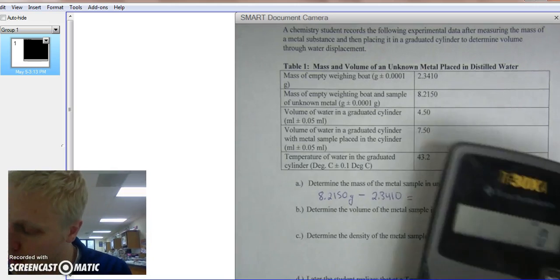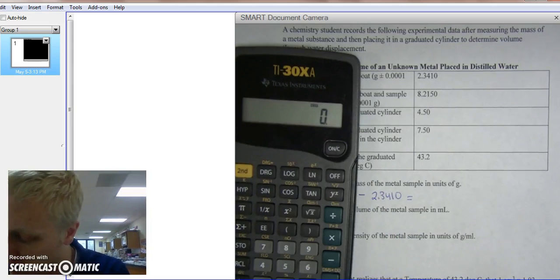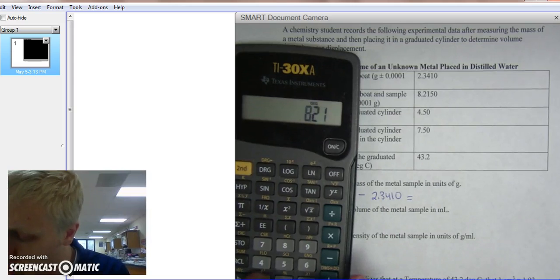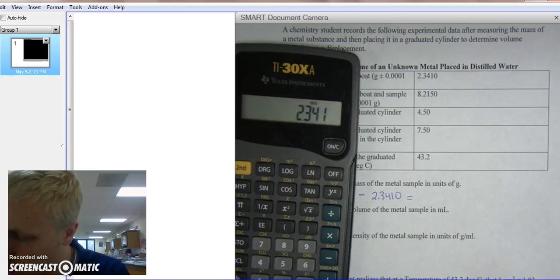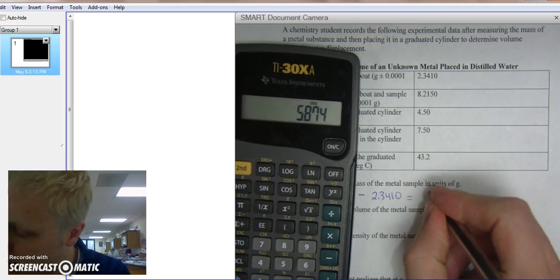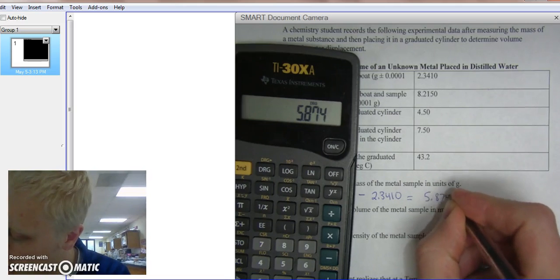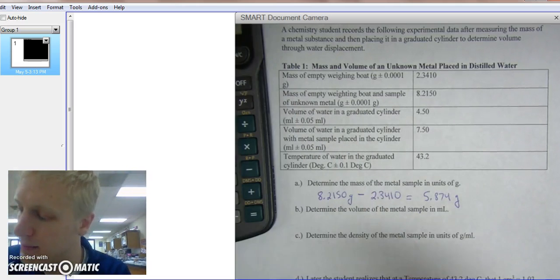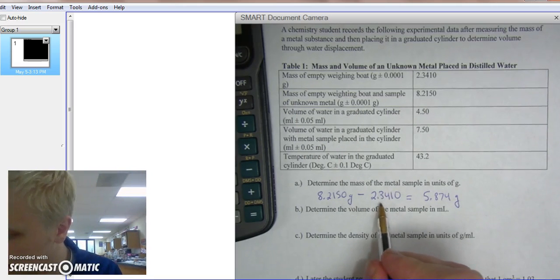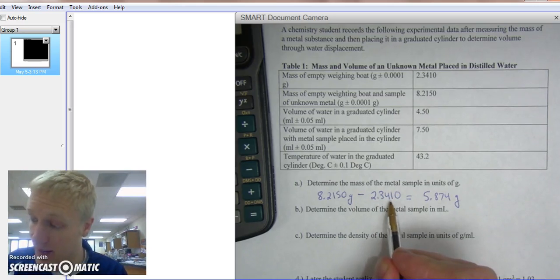Alright, so we've got 8.215 minus 2.341 gives me 5.874 grams, and I need to carry to 4 decimal places.